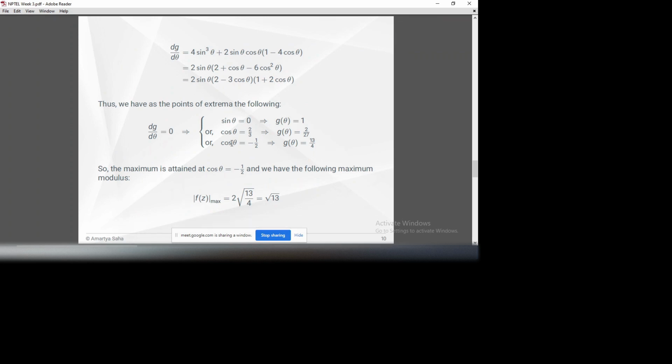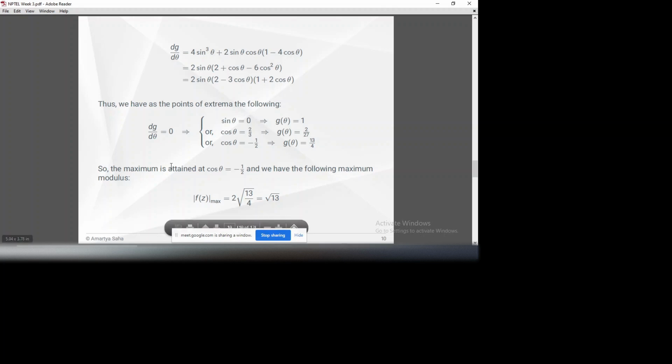Similarly, cos θ equal to minus half will give us g(θ) equal to 13 by 4. So clearly among these 3 values, the maximum is 13 by 4, while the minimum is 2 by 27. So we conclude that the maximum value of our g(θ) function is 13 by 4.